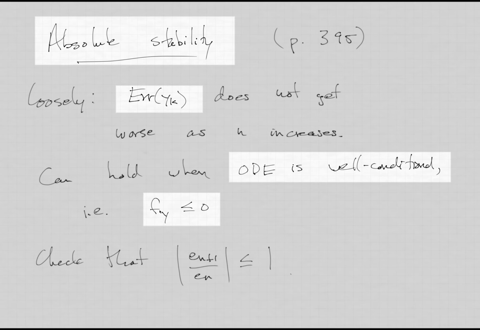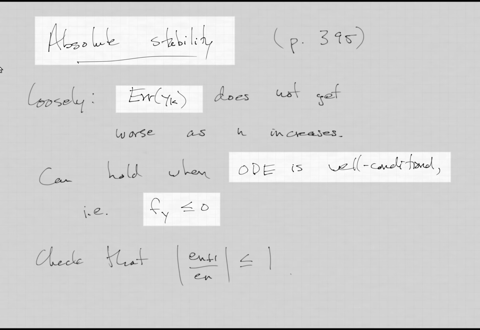I said that in this condition, you get a negative feedback loop where the error tends to result in a smaller error next time. The further you are off for y sub k, the more of a self-correcting effect there is for y sub k plus 1.